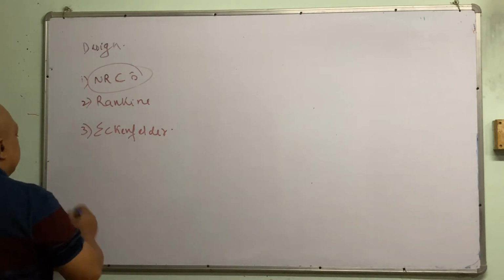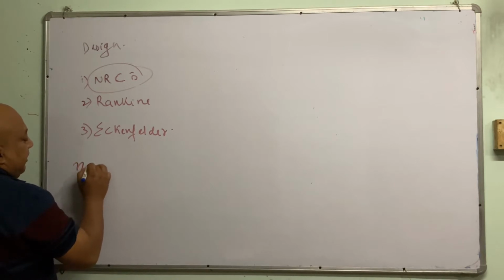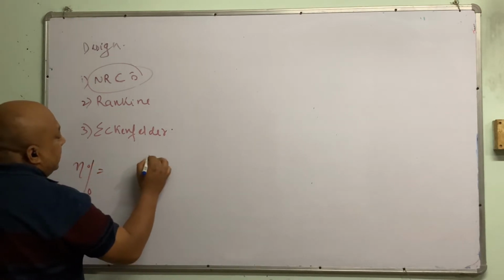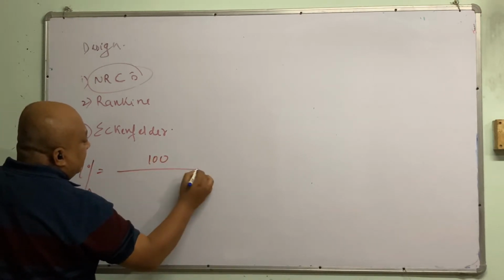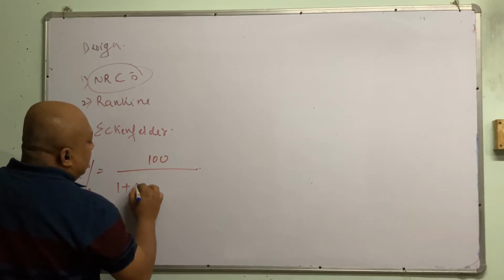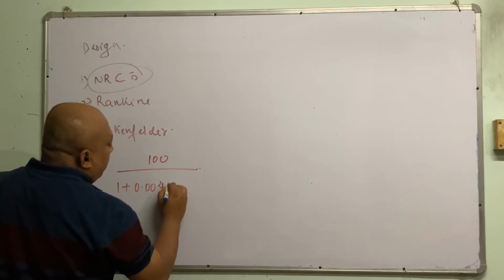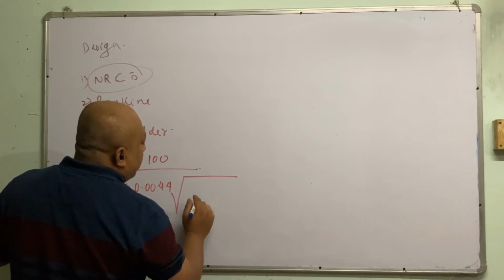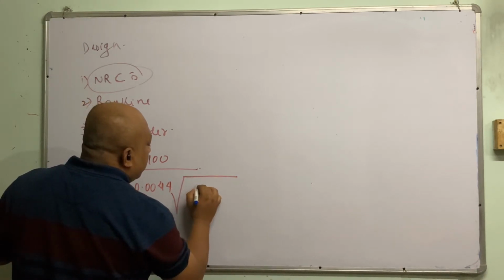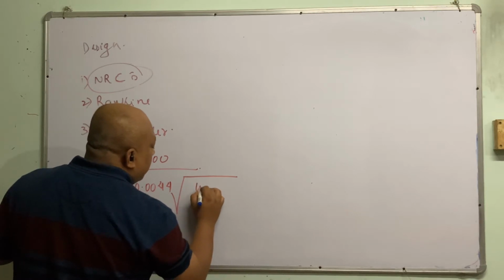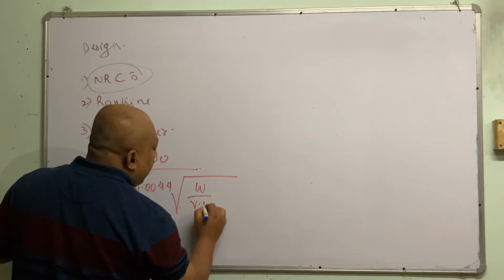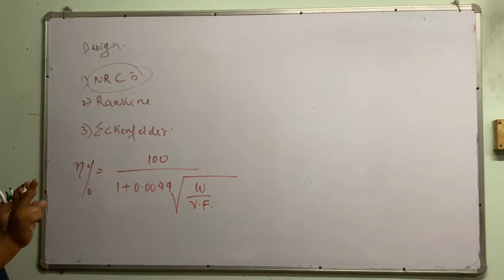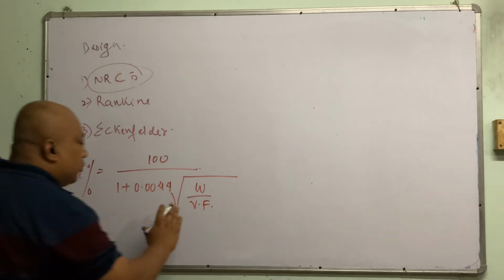As per the equation, the efficiency is equal to 100 divided by 1 plus 0.0044 root over WVF. You'll come to see different notations in the books.